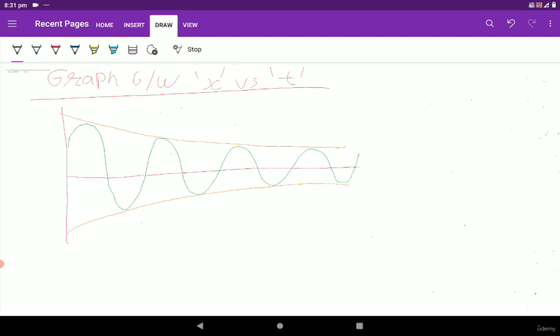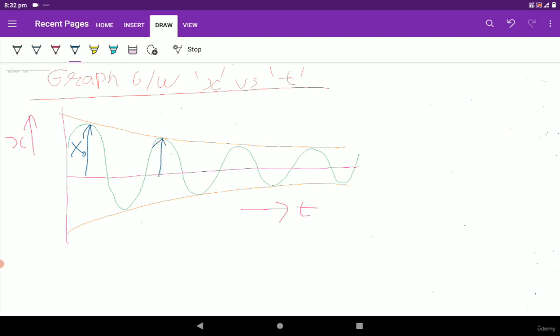In the x direction there is t, and in the y direction there is displacement x. So this is the amplitude, that is, we can say it is x naught.